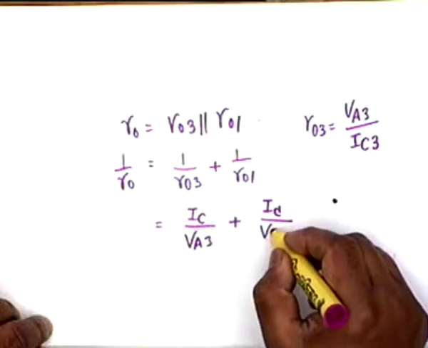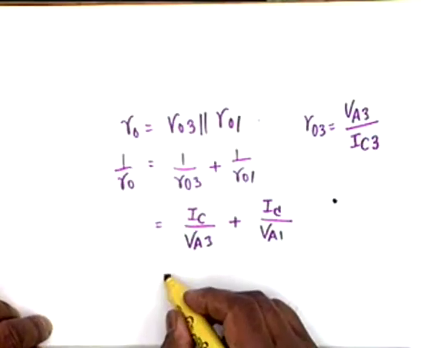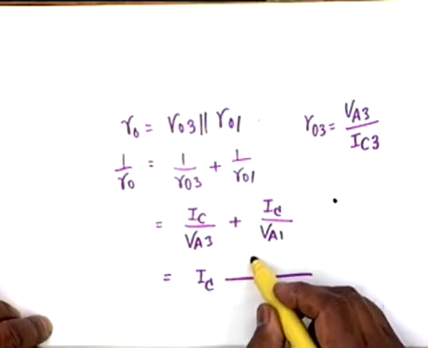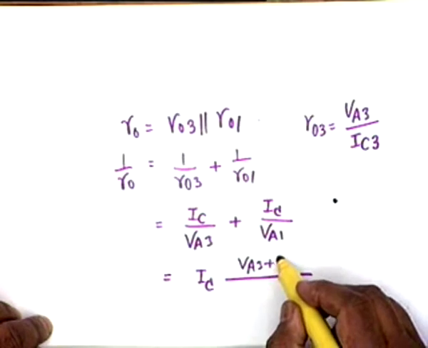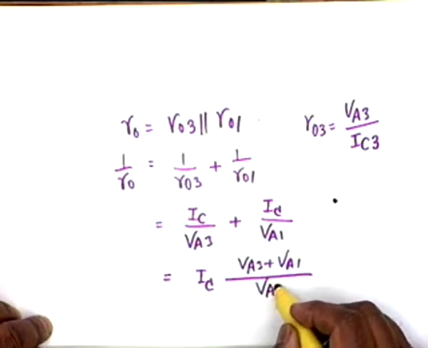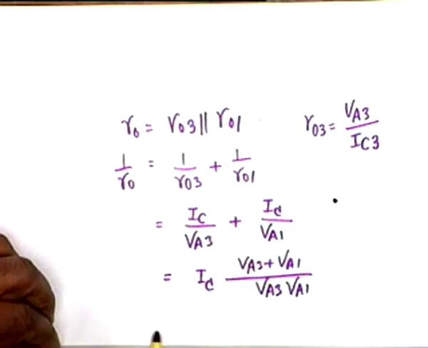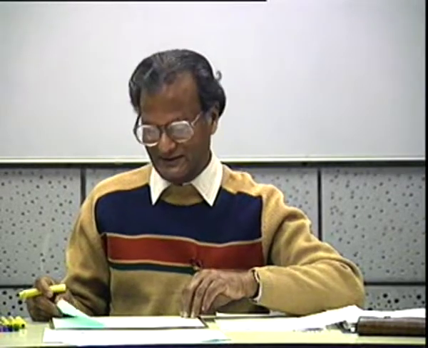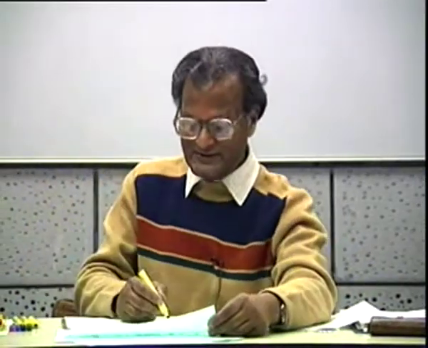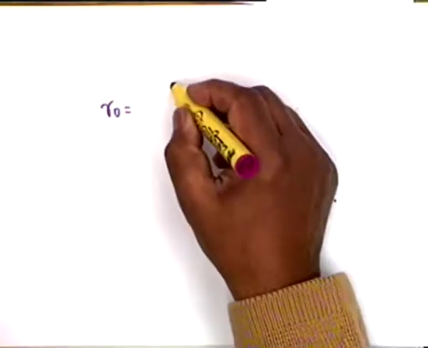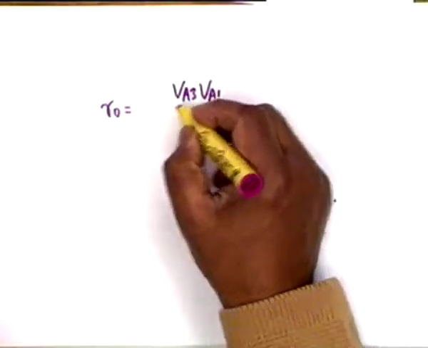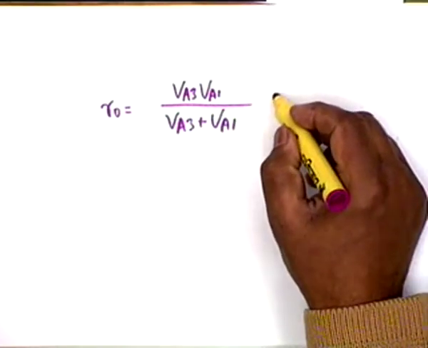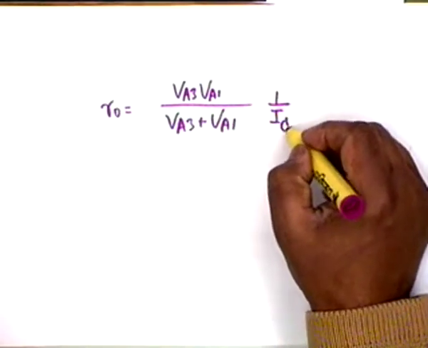Notice something very interesting that is coming up: VA3 plus VA1 divided by VA3 VA1. It is as if two voltages are connected in parallel. Therefore R0 is equal to VA3 VA1 divided by VA3 plus VA1, divided by I sub C.